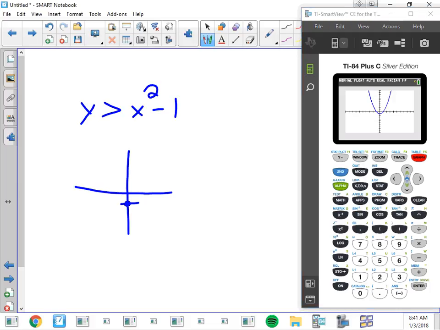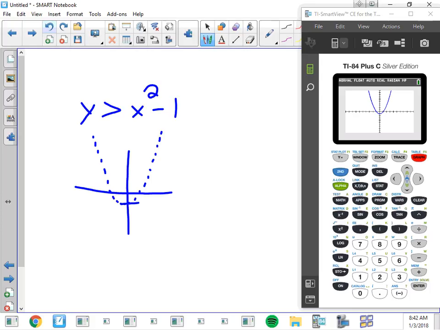So it hits the y-axis at -1, and it looks like this. Is this an open circle or a closed circle? Open circle. Well, whenever you graph an open circle, you actually use a dotted line. Okay, where are the answers?